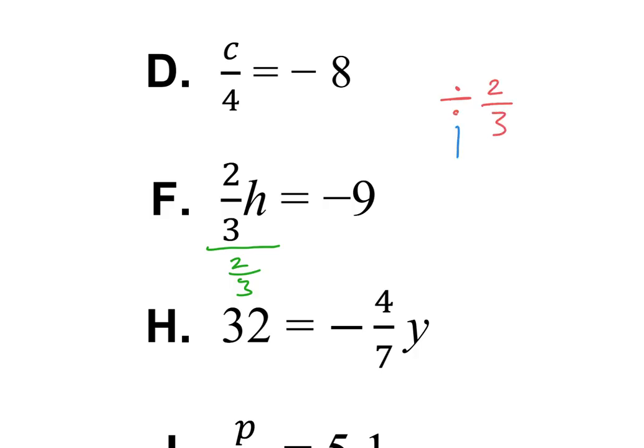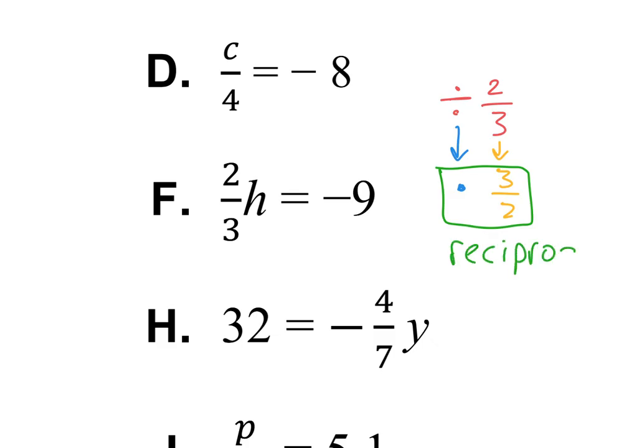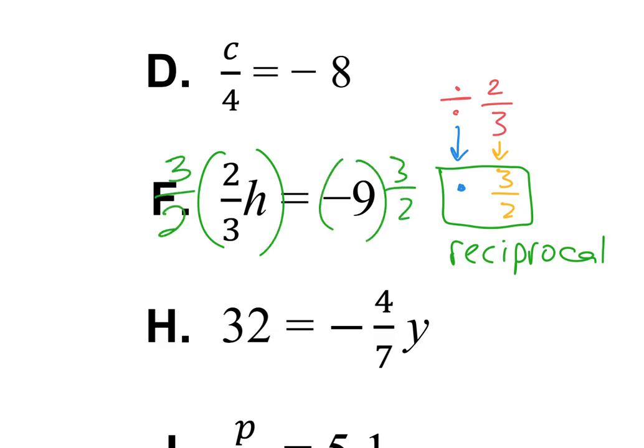You change that to multiply, and you flip this. So instead, you are multiplying by 3/2. Well, guess what? That is called the reciprocal. And you could just multiply by the reciprocal right here. What would happen is those cancel, leaving you with h equals 9 times 3, which is 27.